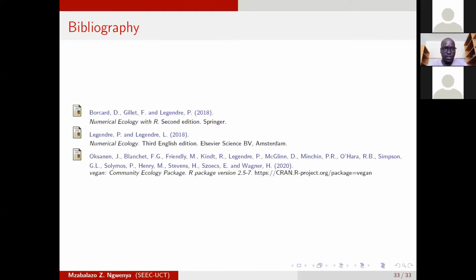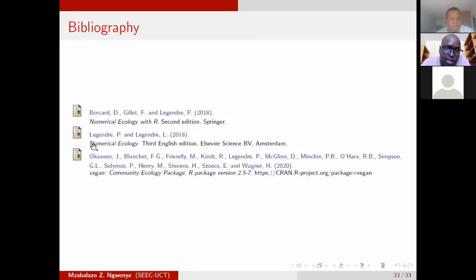Okay, so I hope that was informative. I've tried to limit the theory. But numerical ecology is one of the more math-heavy ecology courses. You can have a look at the book Numerical Ecology with R, which shows you the code you'd use for such an analysis.